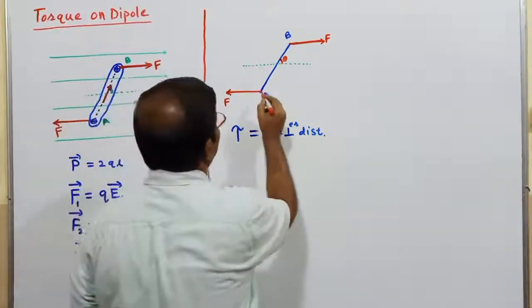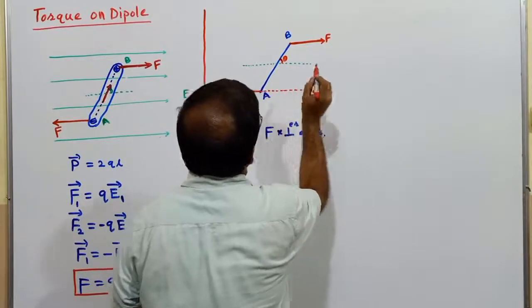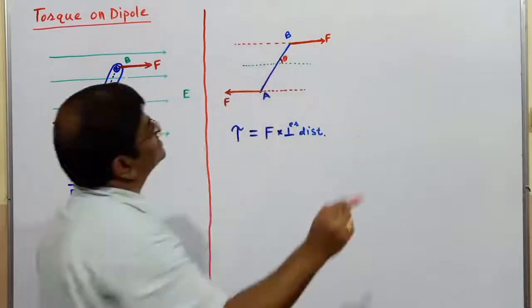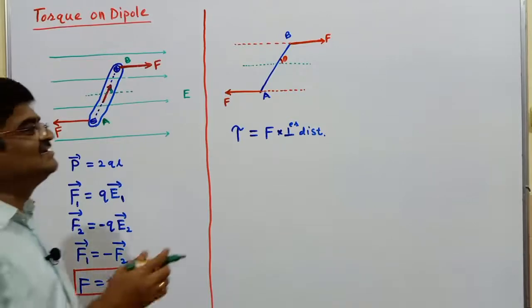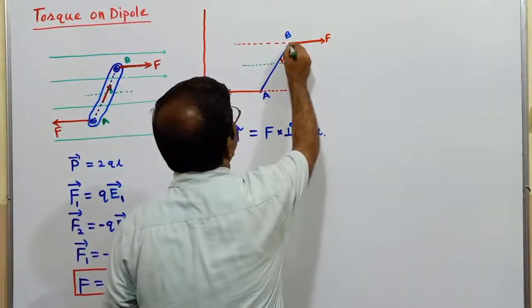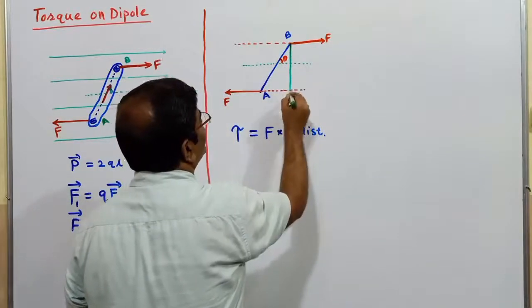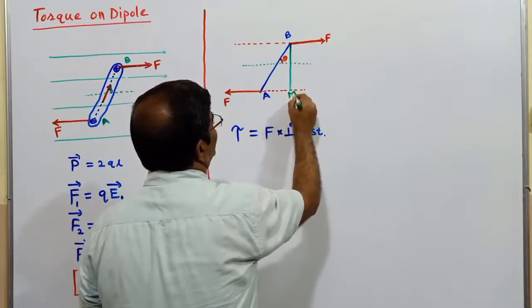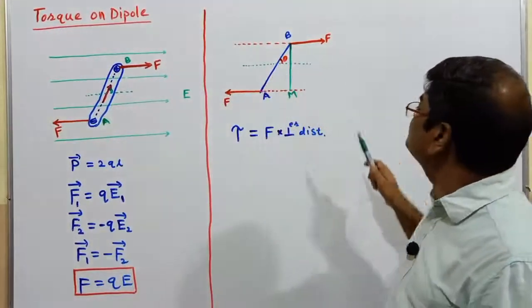For that, let me draw the line of action of this force, and the line of action of this force. Between these two lines, what do I need? The perpendicular distance. And here I draw that perpendicular distance. Let me name this M. Children, which is the perpendicular distance between the lines of action of these two forces?